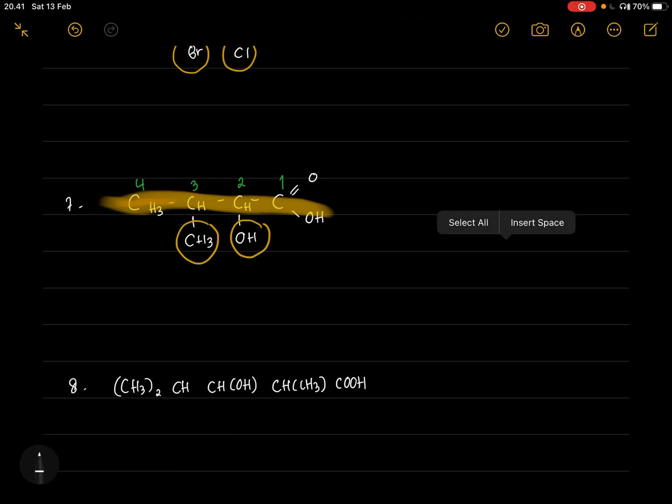Now, for the naming, please check hydroxyl, the H, comes first before the methyl. So this one is named 2-hydroxy-3-methylbutanoic acid.